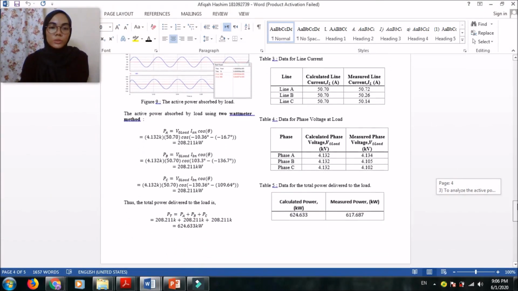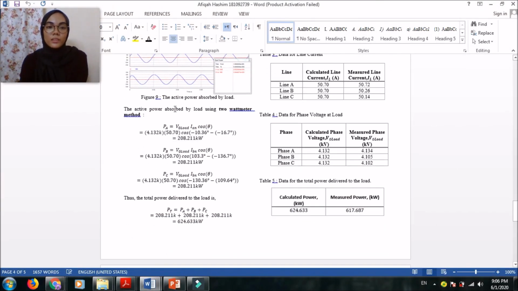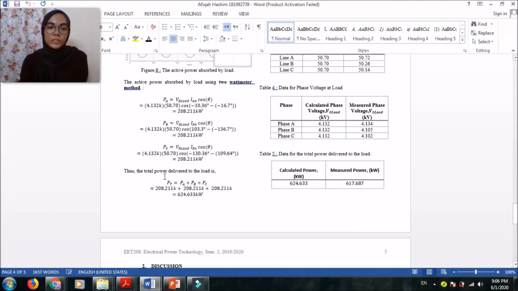Okay, so figure 9 shows the active power absorbed by load, using the two wattmeter method. So the total power delivered to load is 624.633 kilowatt.